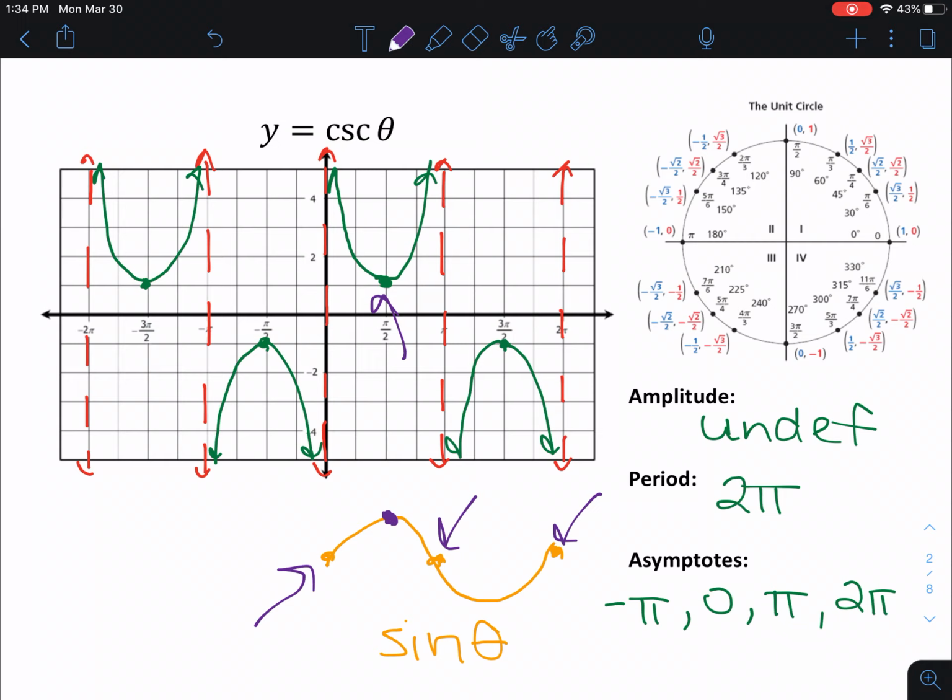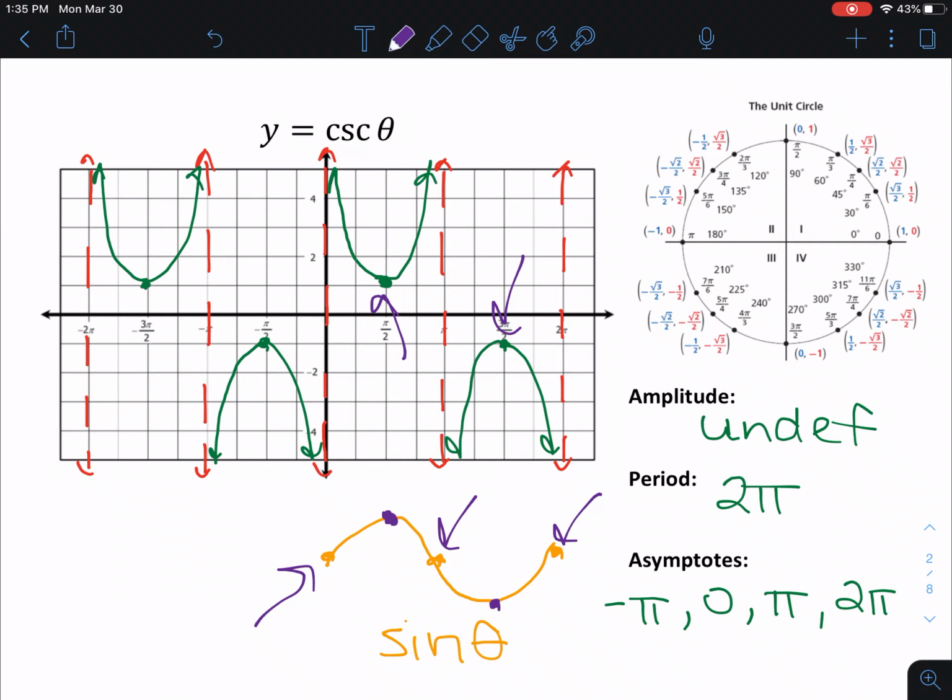Cosecant of pi over 2 would then be 1. And by the same token, if this is -1, then we take the reciprocal of that, and we get -1 on the cosecant graph. That's really how we generate the cosecant graph: looking at the sine wave and then doing the reciprocal.